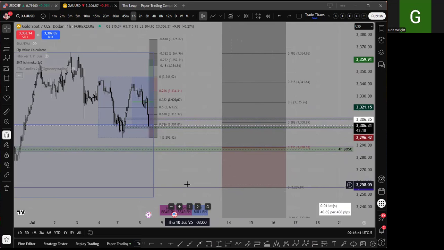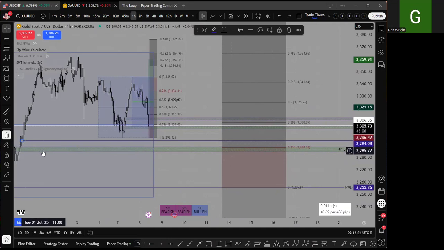Will it succeed? Because you have this rally-based rally over here, keeping it at bay. I'll mark that off with a quick line, knowing that's where we're gonna look for price to get to. That's a target.